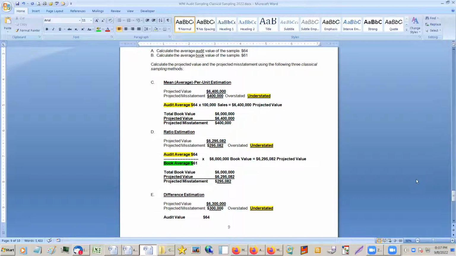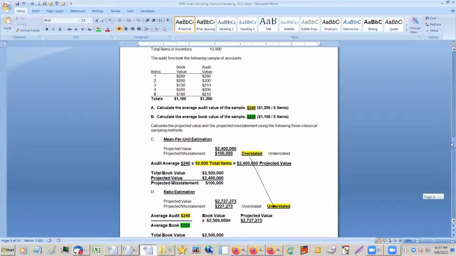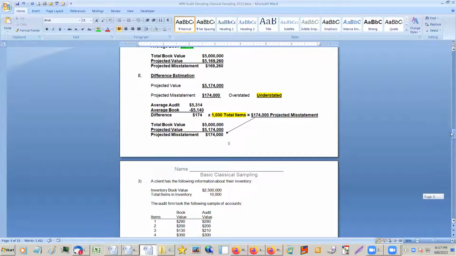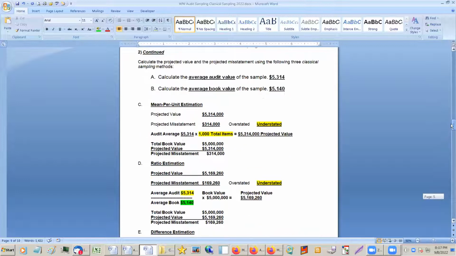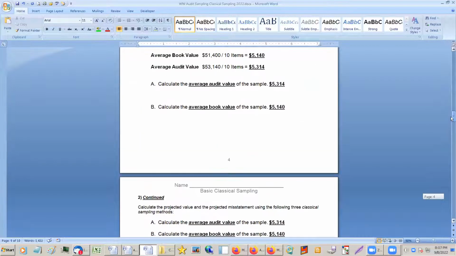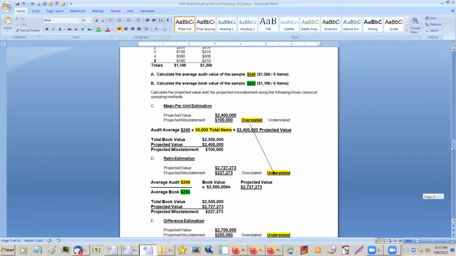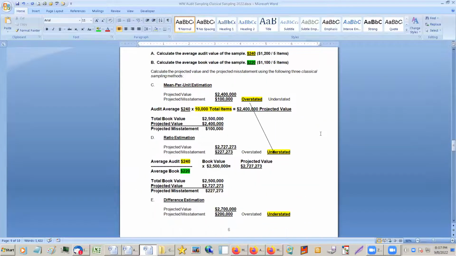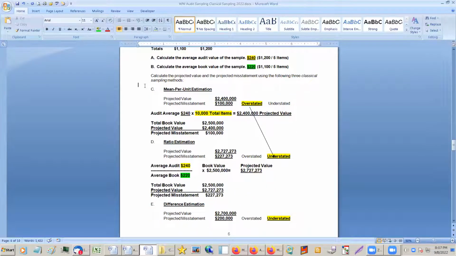Okay. And the one on here that's kind of the strange one is problem 2, I think. Take a look. No, it's problem number 3. Problem number 3 is kind of weird in that you look at the mean per unit and it's overstated.